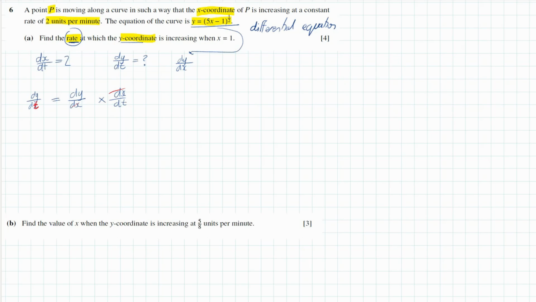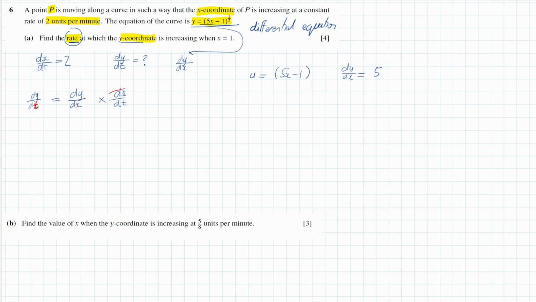Okay, so our first step is to decide what dy/dx is. So we're going to differentiate this (5x - 1) to the power of 1/2. I would set up over here that u is 5x - 1, and therefore du/dx is equal to 5.